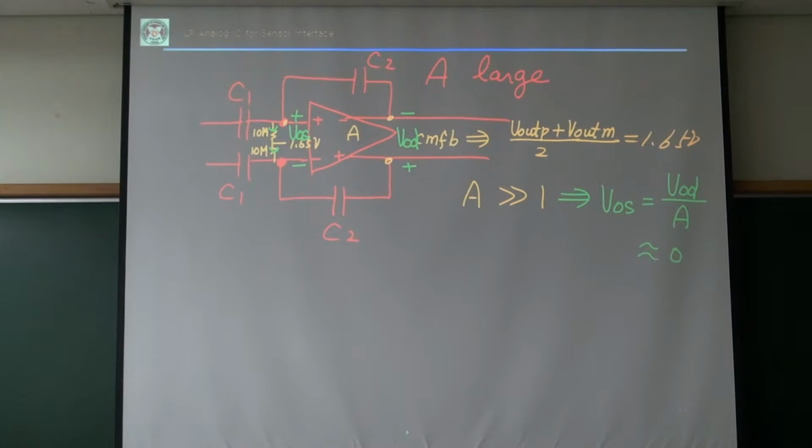Okay, then what's the voltage gain in this case? I apply a differential AC input voltage. This is not DC, this is AC. Then the current through this C1 must go through there, right? The same current will flow through there, right?